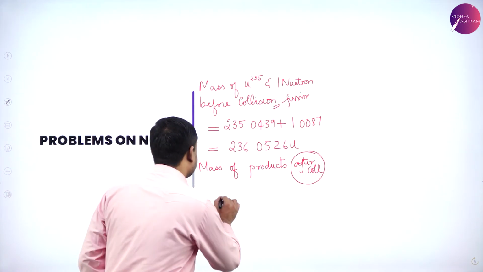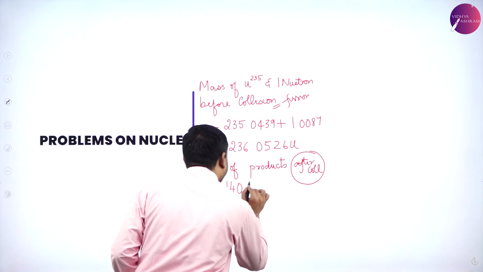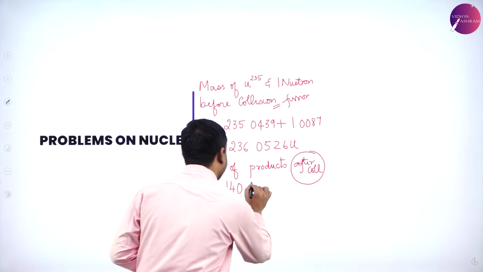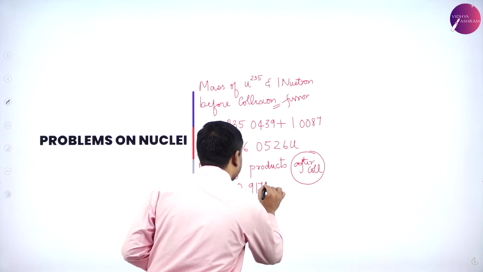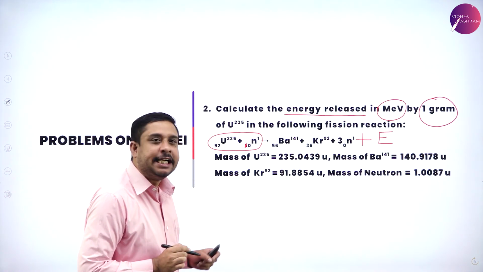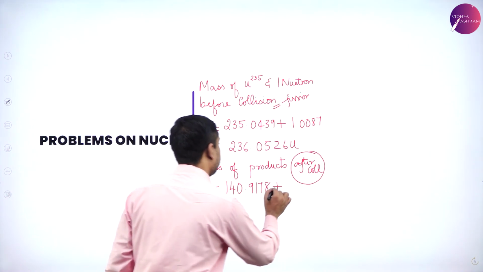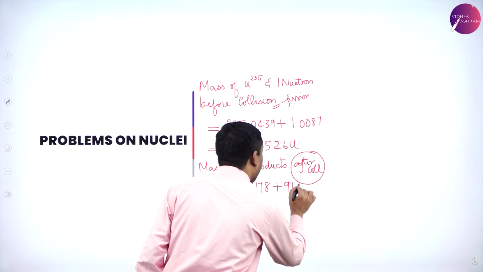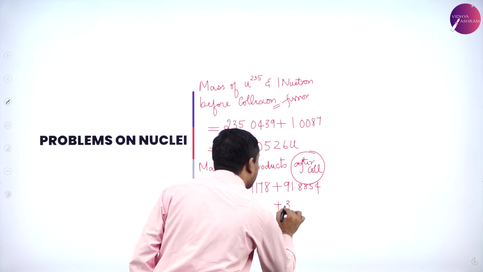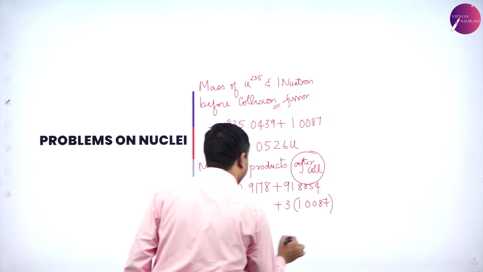So mass of barium 140.9178, plus krypton 91.8854, plus 3 neutrons, 3 times 1.0087.